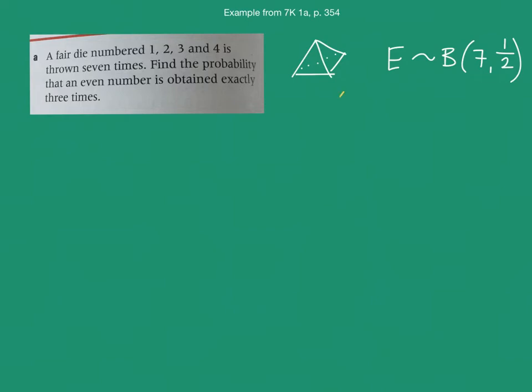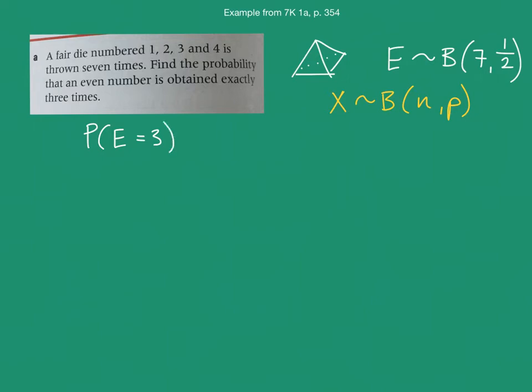Just a reminder that the general form of this is that X is a random variable distributed binomially with the parameters n and p, where n is the number of trials and p is the probability in each case. And now our job is to find the probability that the random variable E is equal to 3.